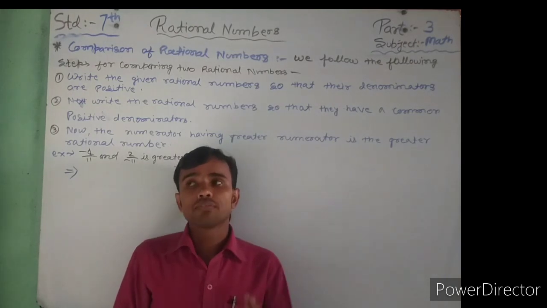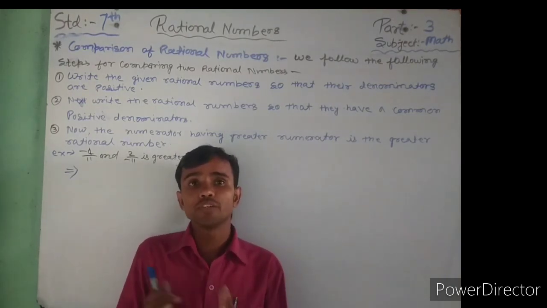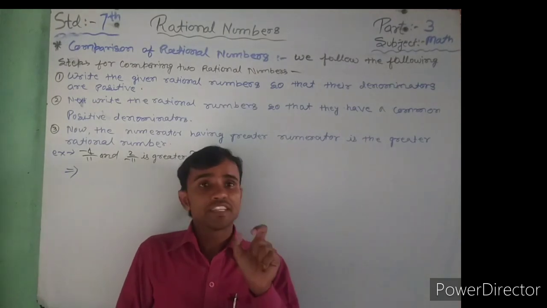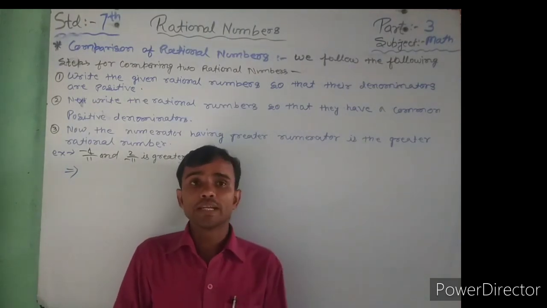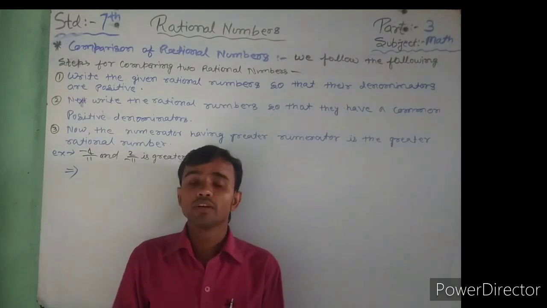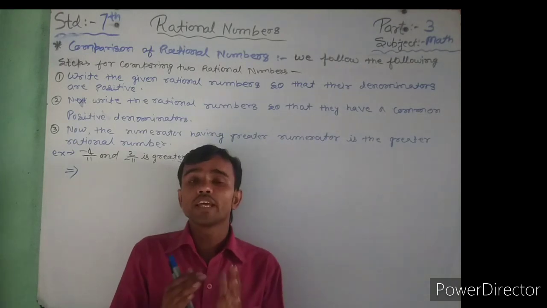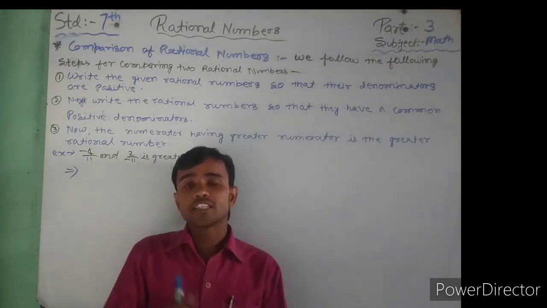My dear students, first you see if the denominator has a minus, negative, then firstly you convert it to positive, and next find the equivalent fraction so that the denominators are the same.